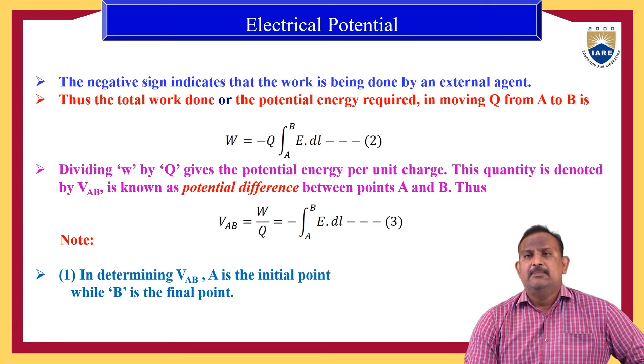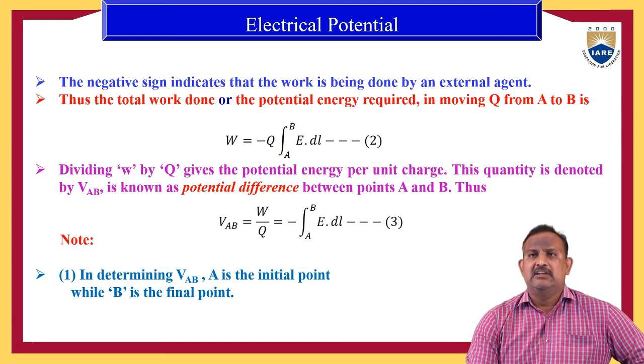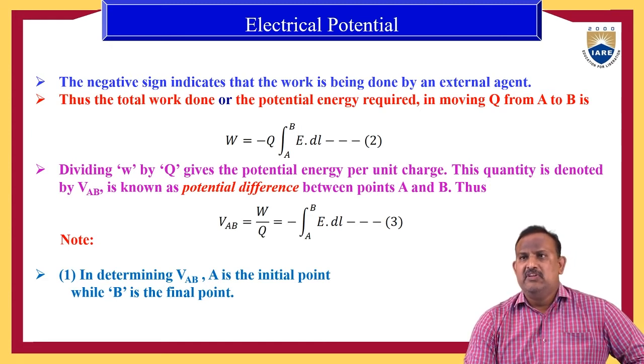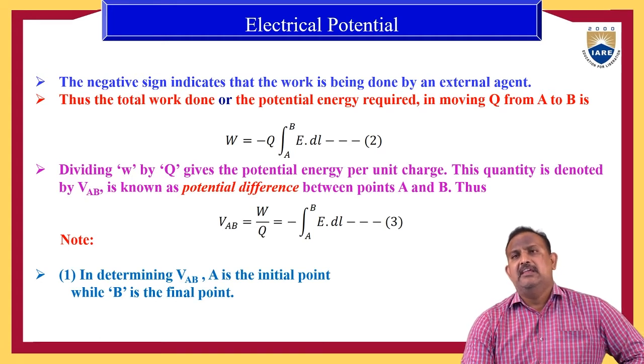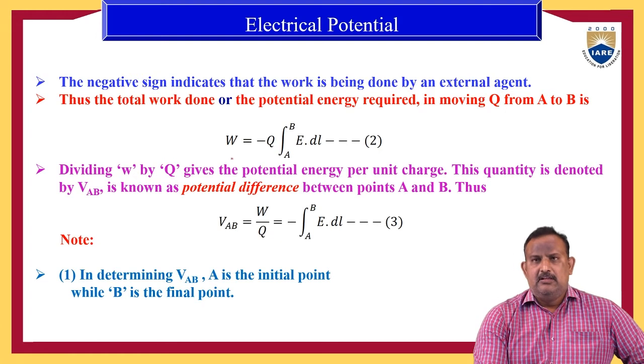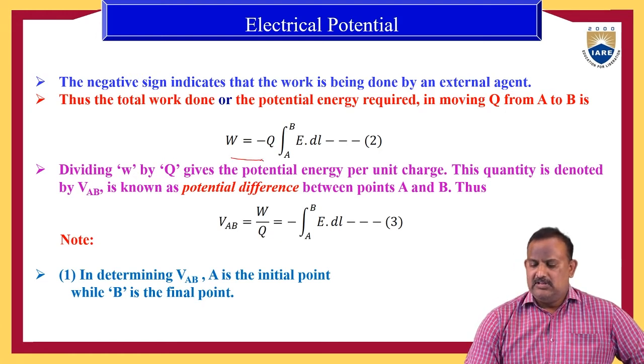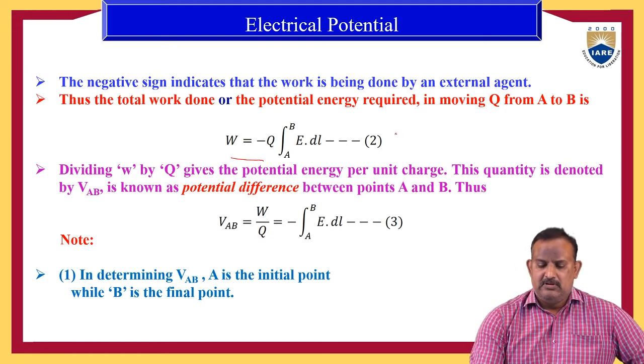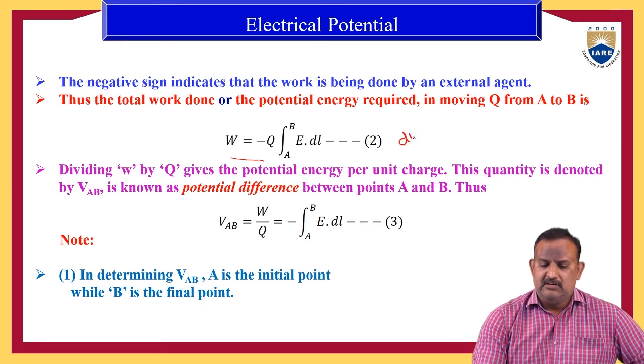Now I want to move the point charge. So the total work done, or the potential energy required in moving a point charge Q from point A to point B in an electric field, is found from the equation dW equal to minus Q E into dl.